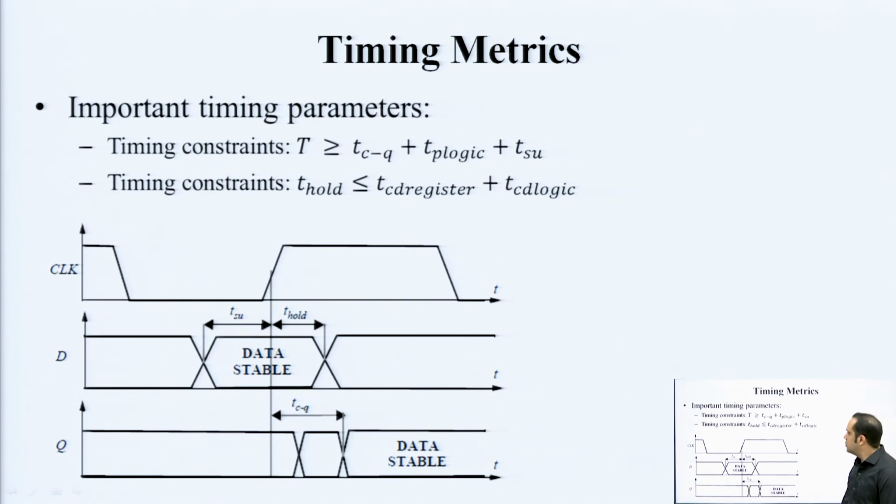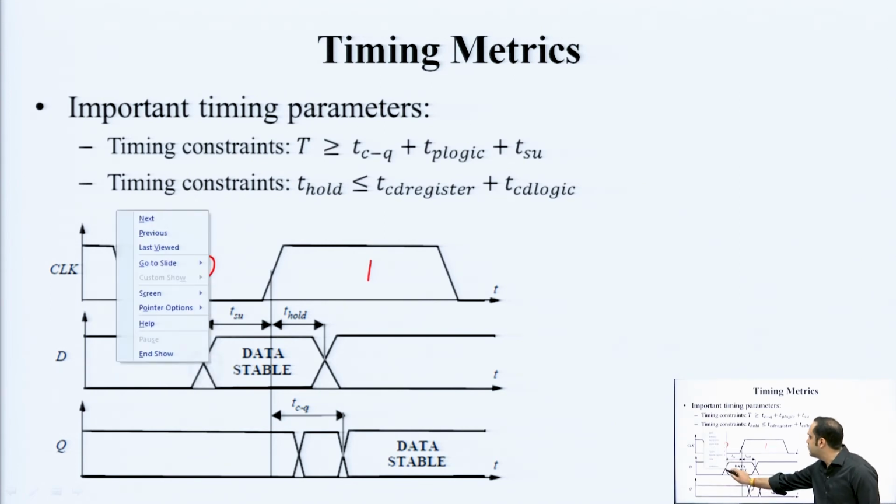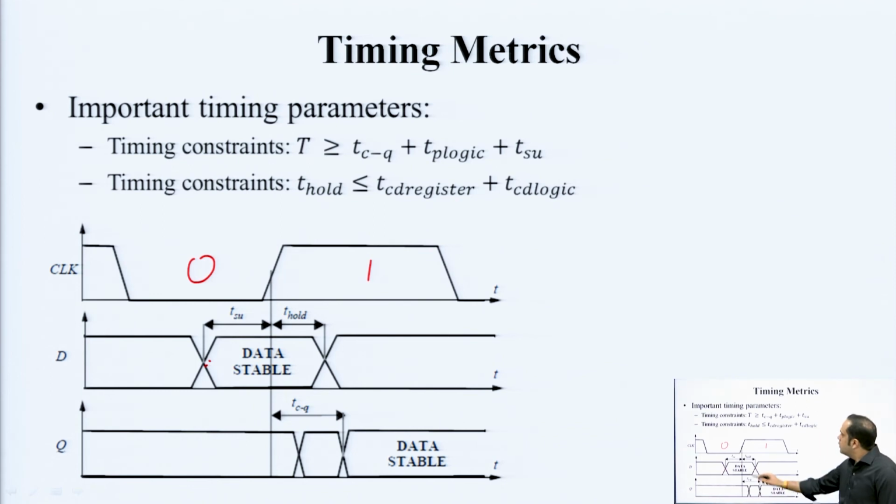So, this is your clock cycle at the top. It is going 0 here and 1 here. Data here makes a transition. This point here is your point of transition. Until the clock triggers, the data should be valid or available for some time. It should not change at that time.